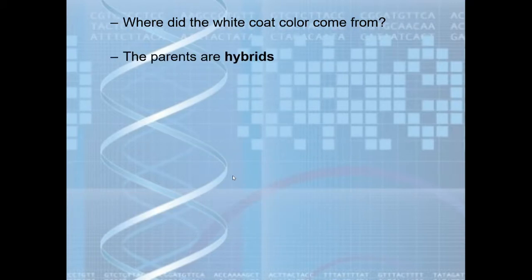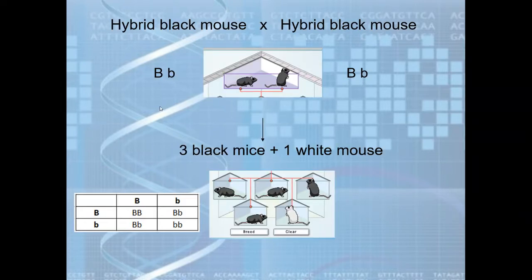Now, where did the white color come from? The parents are hybrids, and that's why there is a possibility. Maybe if you decide to buy, let's say, two black mice as your pets, and then when they mate, they will eventually produce babies, right? And you'll be surprised: why is there a white one here when both parents are black?